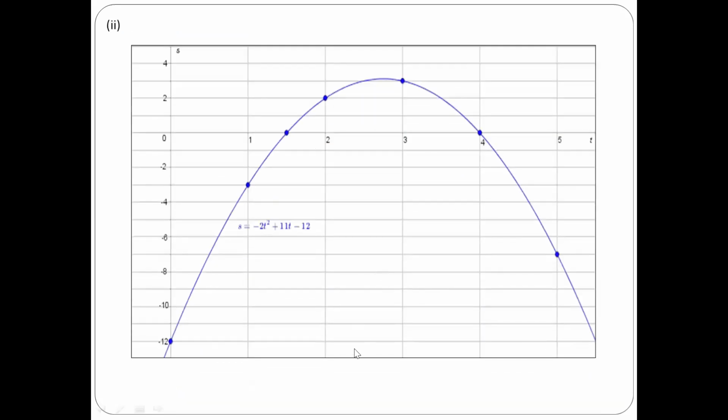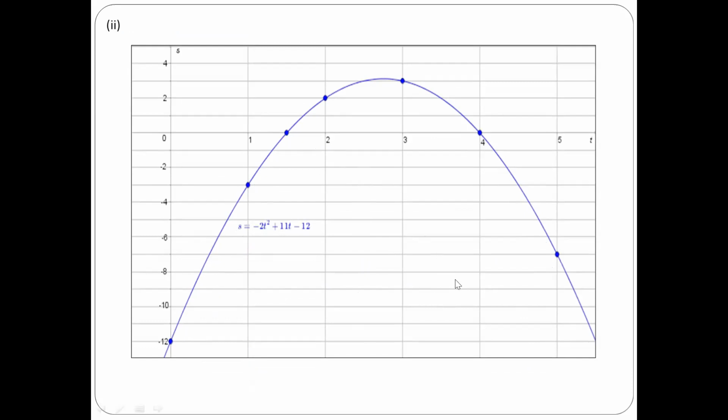And when we plot the points, like you see there, 0, minus 12, 1, minus 3, these are the points from our table. We plot the points and join them to form a parabola.